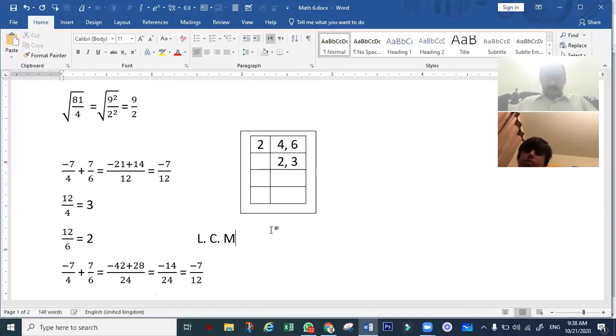Your teacher didn't let you know about this thing, isn't it? It is multiplied by 2, next 2, multiplied by 3. So we get 12.